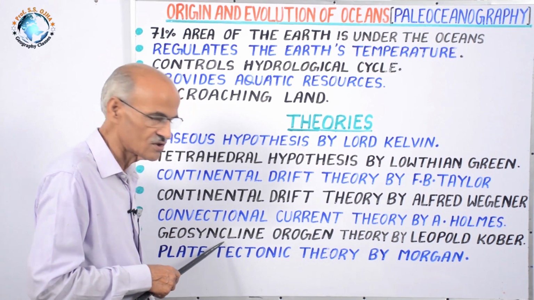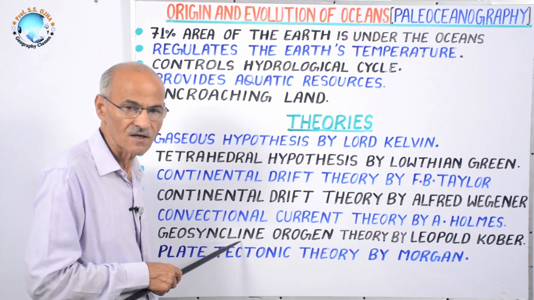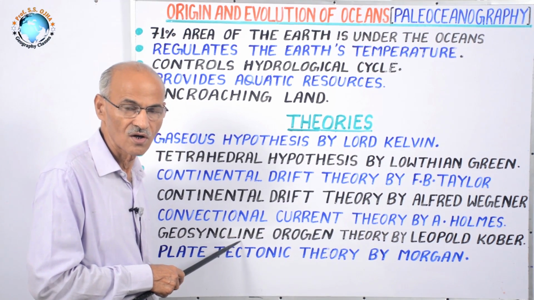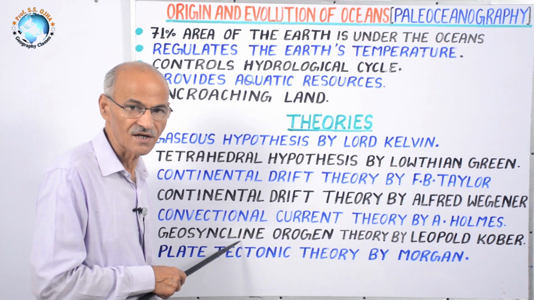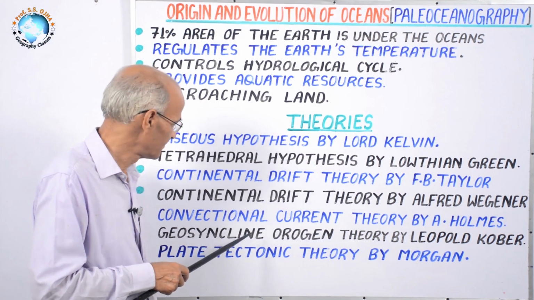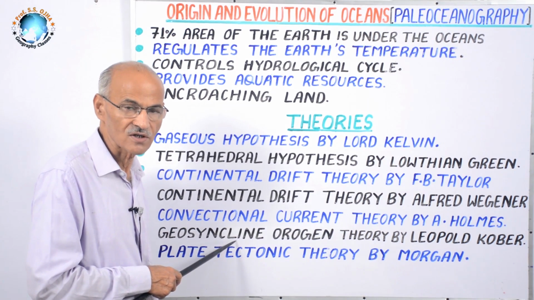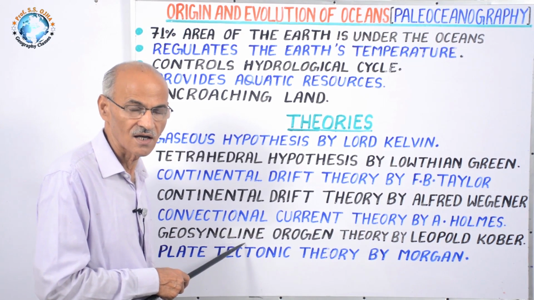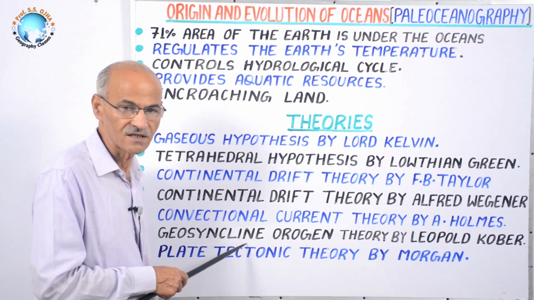Kober was a geologist, and he proposed that the Earth in the beginning was gaseous state. It slowly cooled down, and due to cooling, its outer part or crust shrank. Due to shrinking, some part was raised, some depressed. The depressed part was termed by him as geosyncline, which was filled with the water coming from the both side highland called foreland, and geosyncline underwent sedimentation.